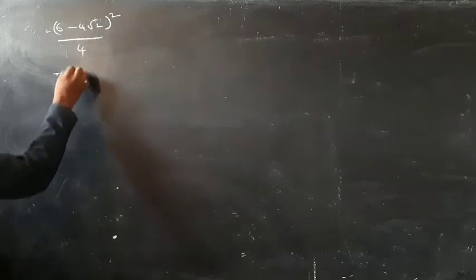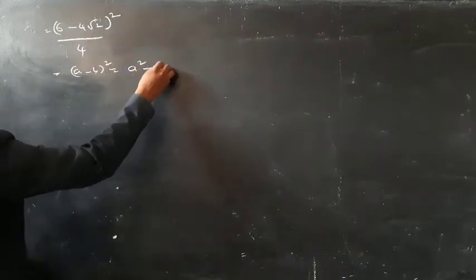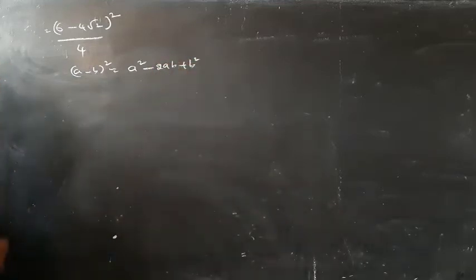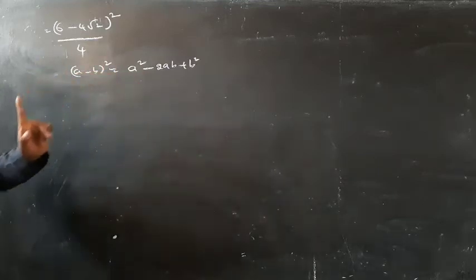So it is (6 minus 4 root 2) whole square by 4. In the form of (a minus b) whole square. The identity: (a minus b) whole square is equal to a square minus 2ab plus b square.